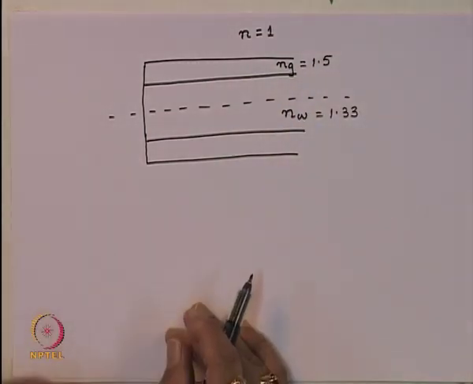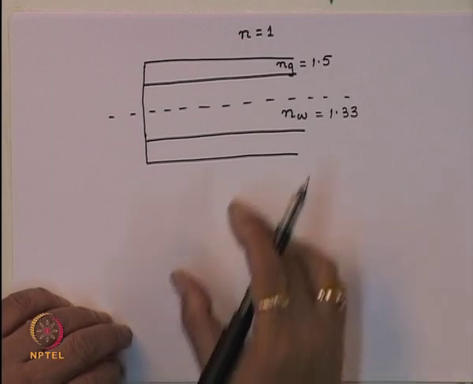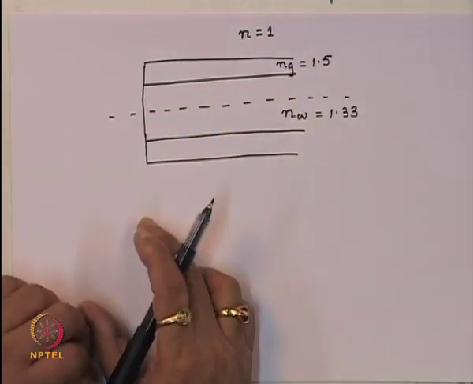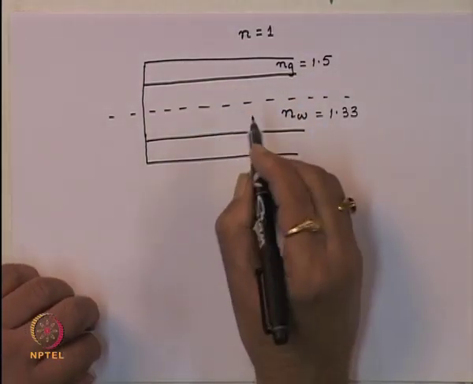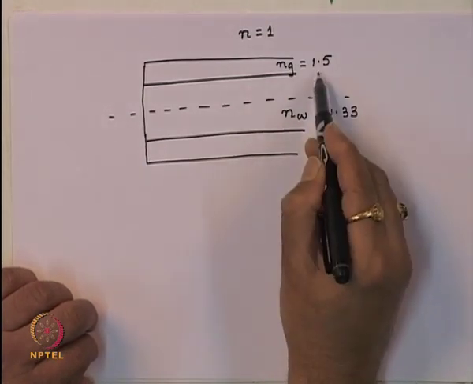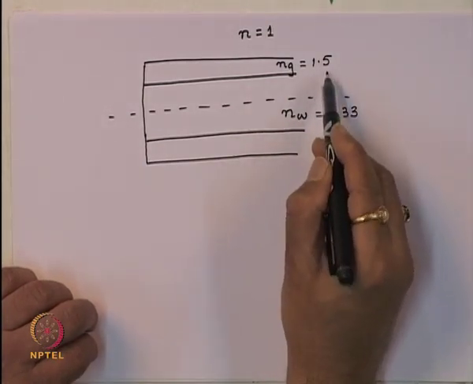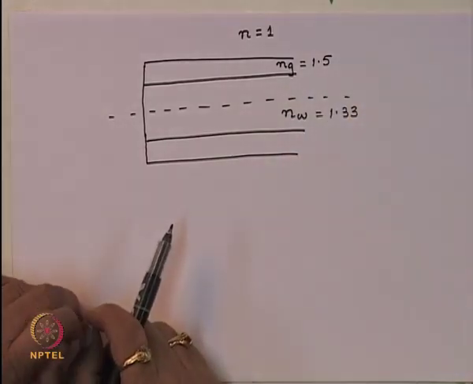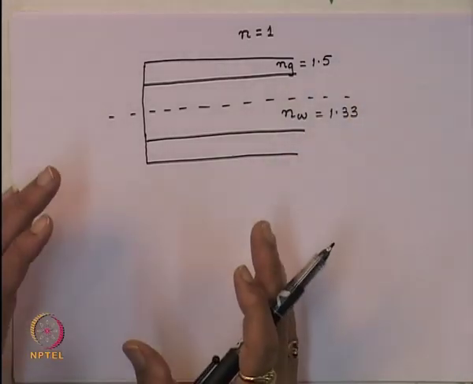Therefore, if I compare this system with the optical fiber, the refractive index of the core, which is 1.33, is lower than the refractive index of the cladding, which is 1.5. So, at first look it might appear that this system will not be able to guide light along its length.